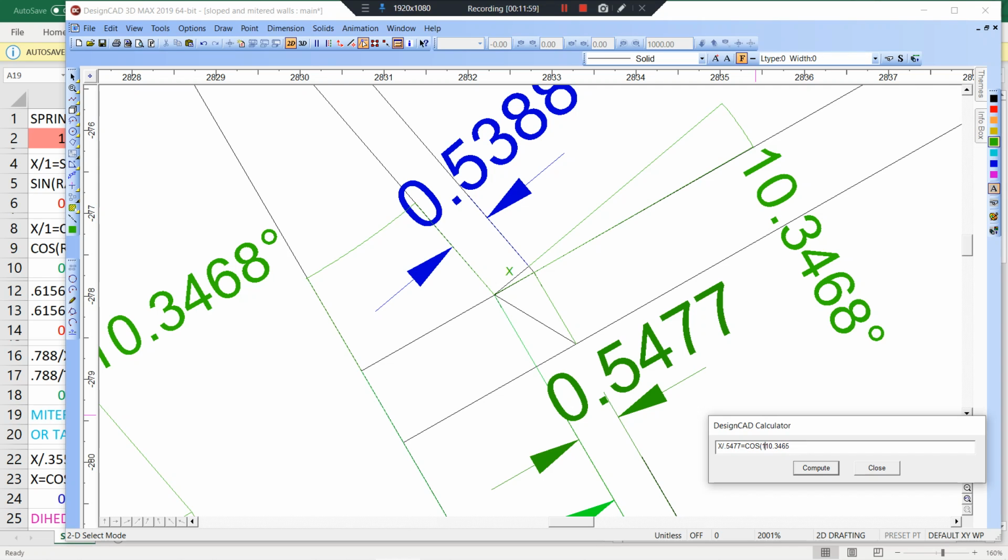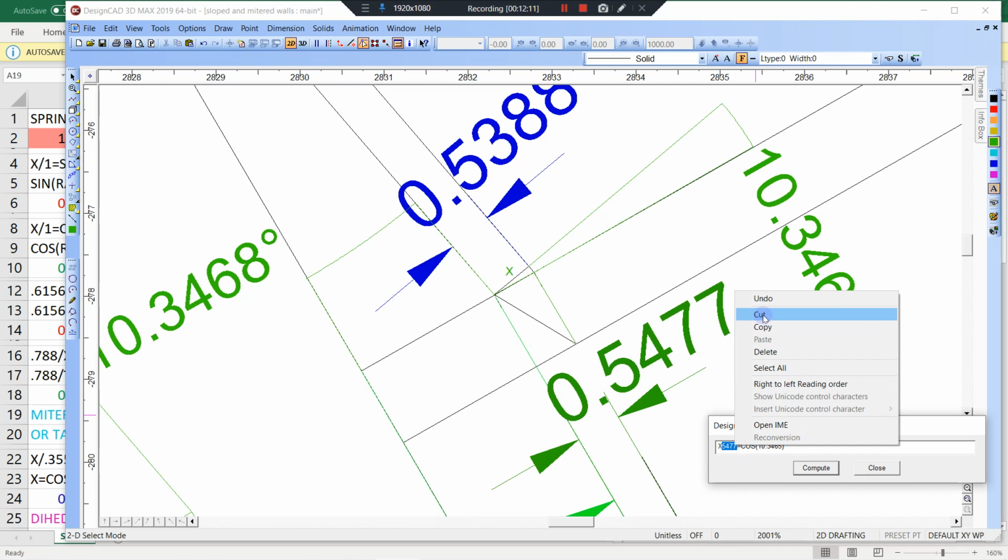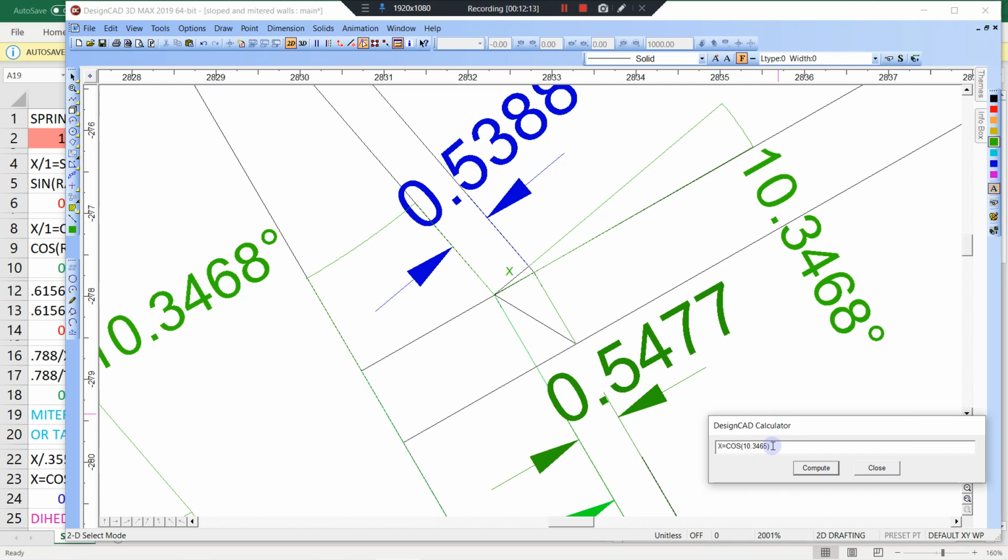Actually, I already had it there, didn't I, from the previous calculation? So we can close that, and we're just going to leave the X there, and we're going to cut this and multiply it to this side, and get rid of that. X equals cosine of 10 point whatever times 0.5477.